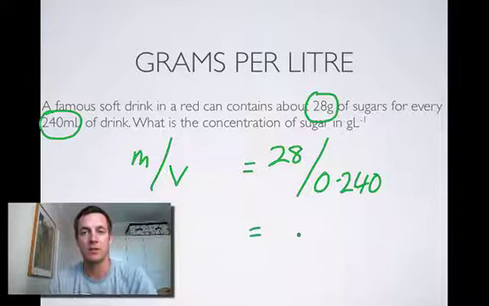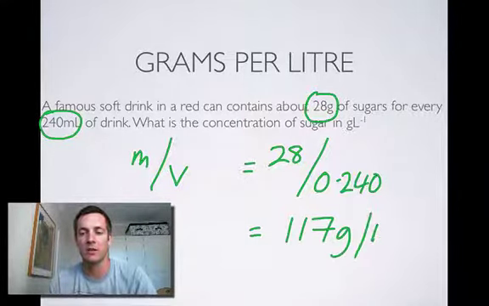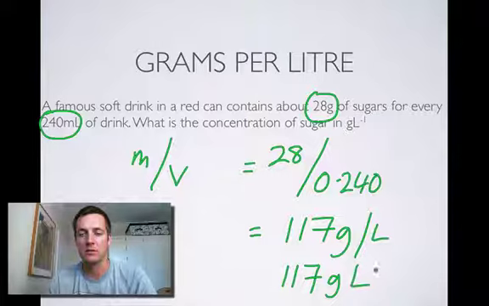I just got it on my calculator, it's equal to 117 grams per liter. It doesn't matter if you write it like that or in this kind of notation, it means exactly the same thing. Grams liters to the -1 means the same as grams per liter.